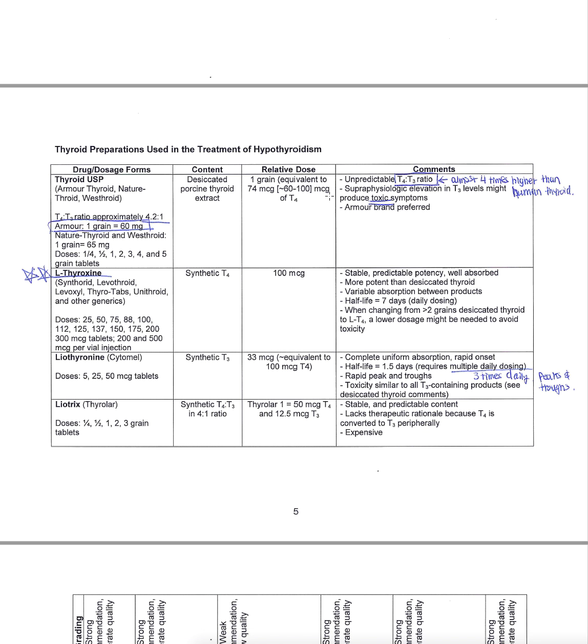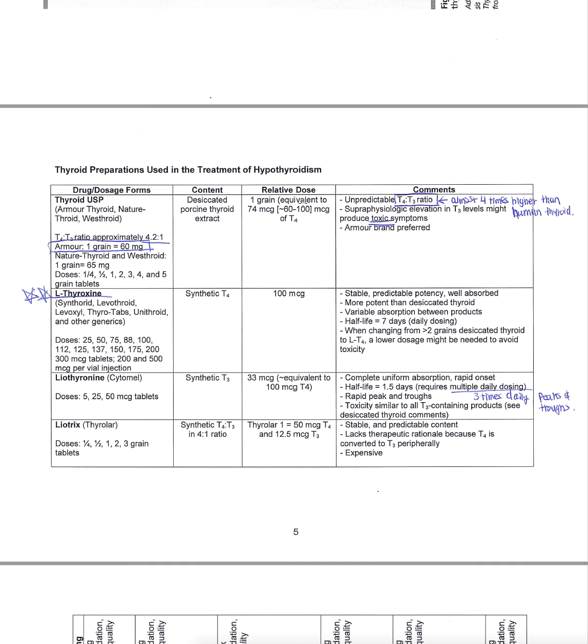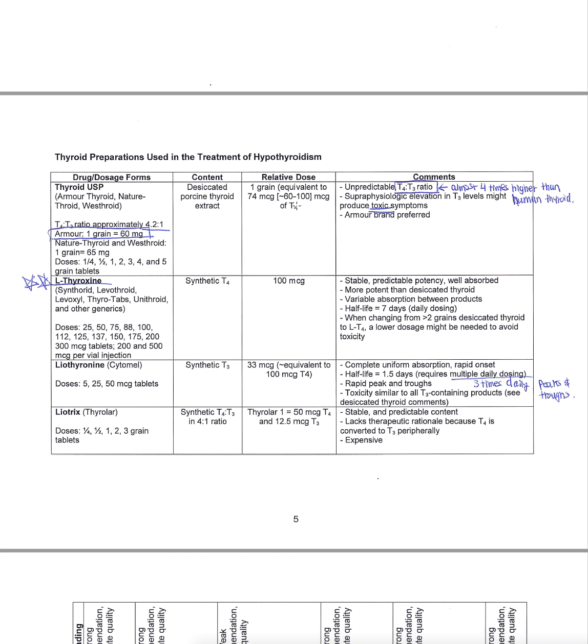Again, it varies, so it's really hard to convert from one to the other, and we have to make sure to check the patient's TSH when this change happens.